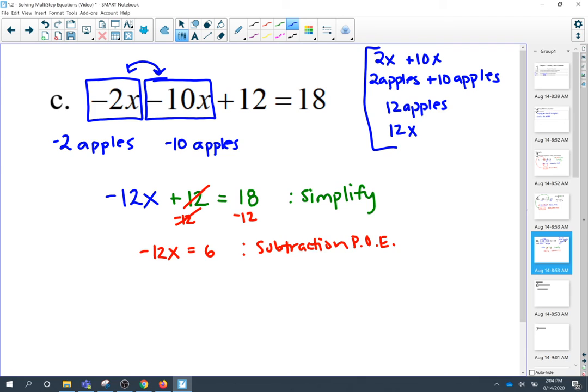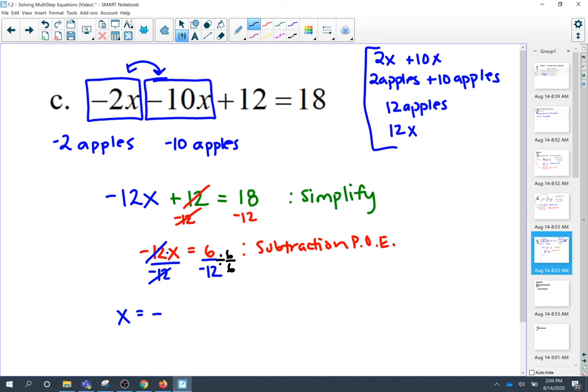Then we have to get the x by himself. So we finally have to yank away that negative 12. This is negative 12 times x. Opposite of times is division. So we're going to divide by negative 12. Negative 12 is going to cancel negative 12. We're going to be left with x equals. Now, a positive divided by a negative is a negative. And then we have 6/12. Well, that is a fraction, and we're going to have to simplify. Both of those divide by 6.